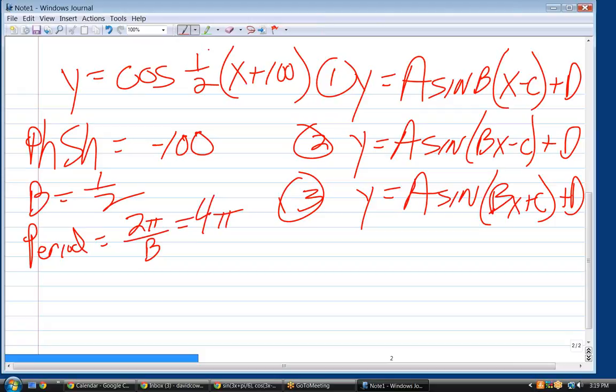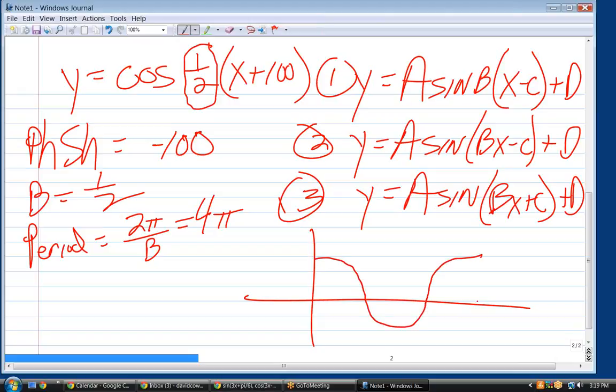In other words, when you multiply by a B that is less than 1, you are horizontally stretching the function. If I wanted to plot cosine of 1/2 x, it would go out to 4 pi.